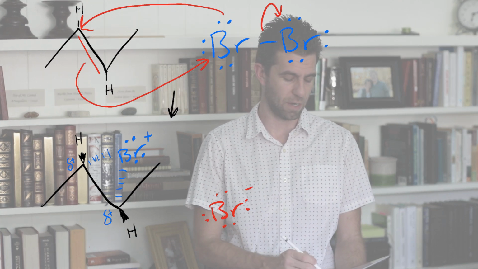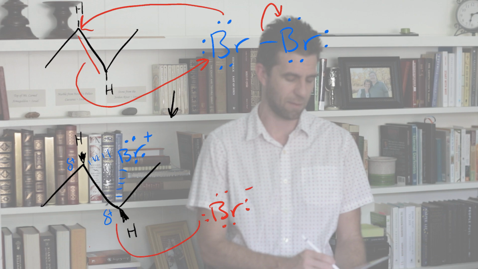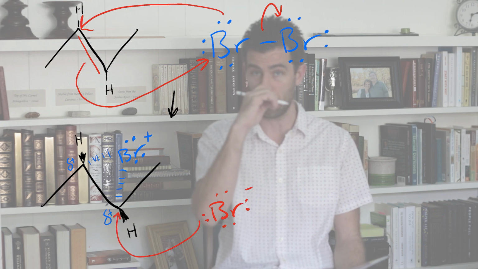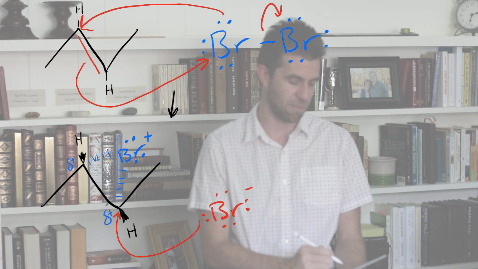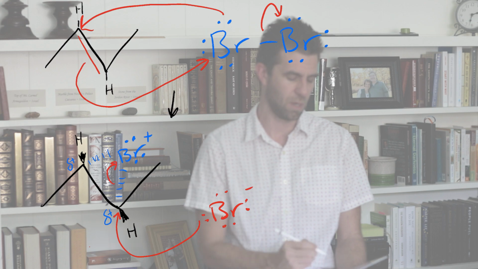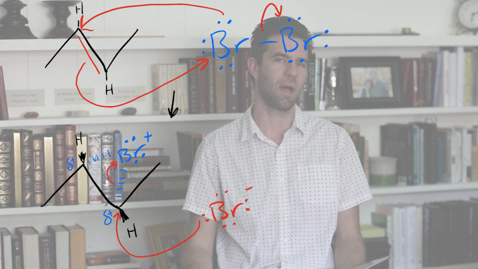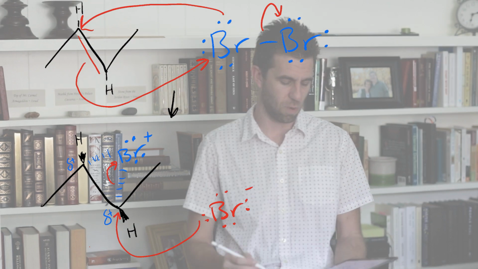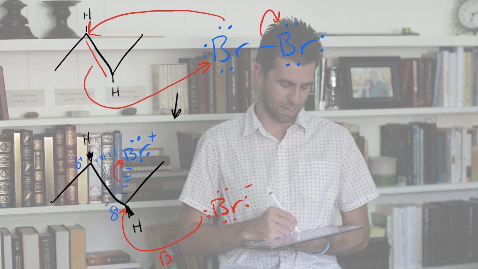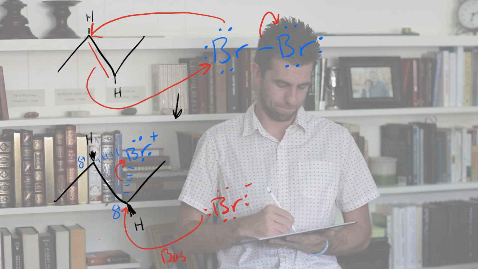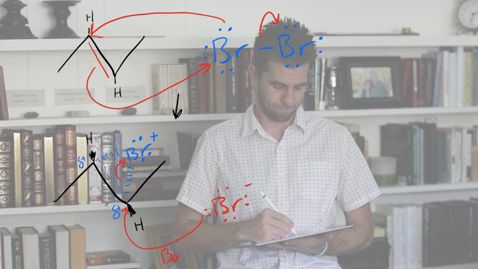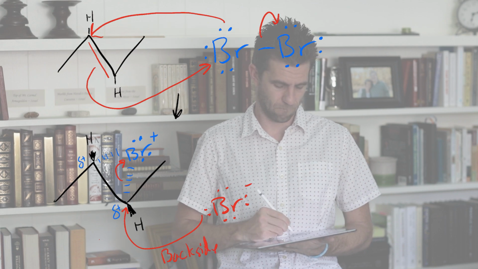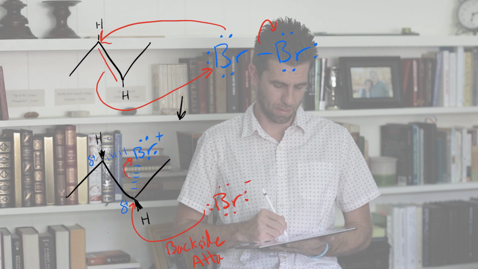And that Br is going to attack that partial positive carbon. At the same time, this Br is going to break one bond with that carbon. Now, bear in mind, this is what we call a backside attack.